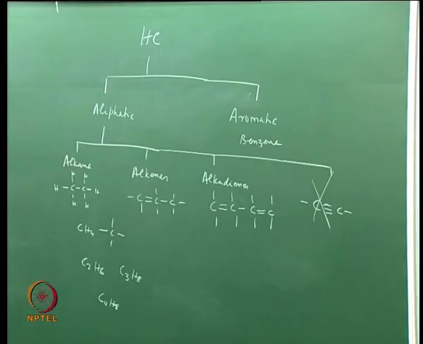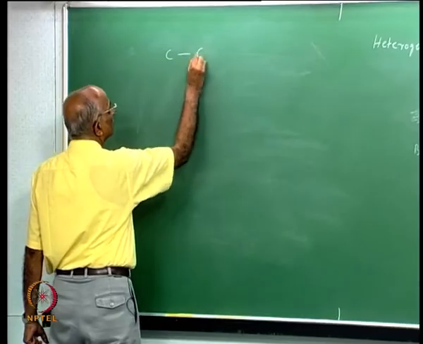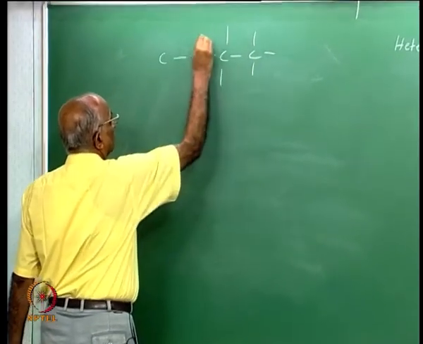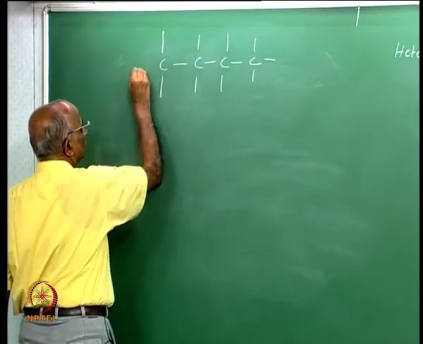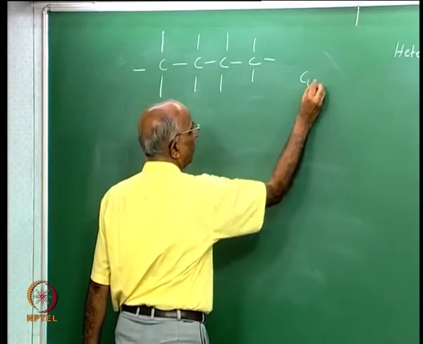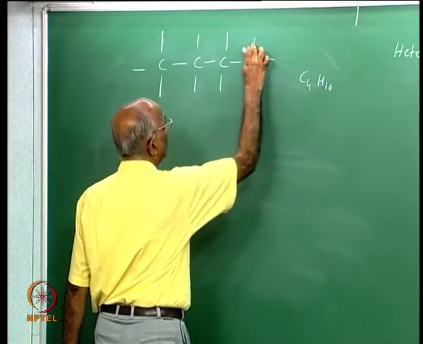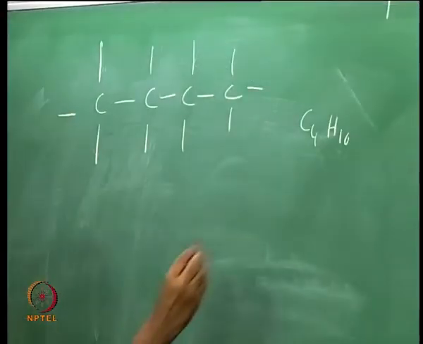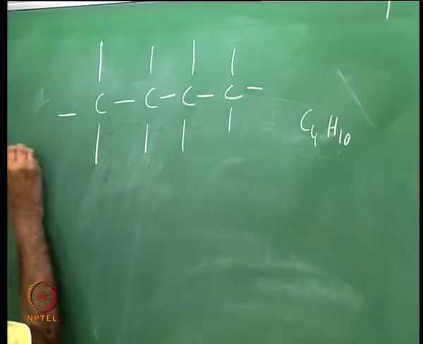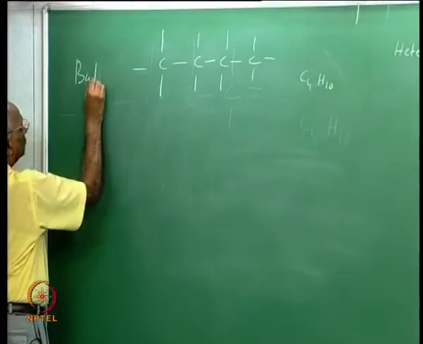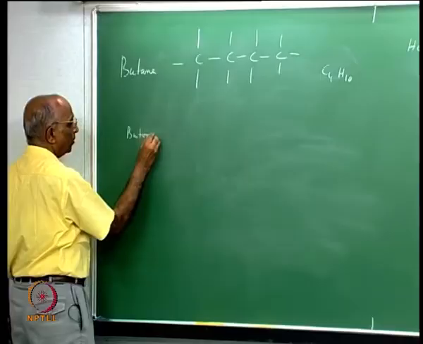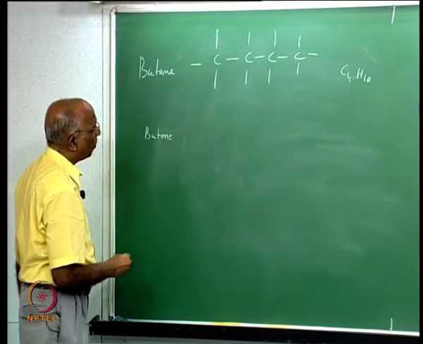We said butane has the formula C4H10. This is butane. Mind you, butane is a gas. Let us go to the next form.